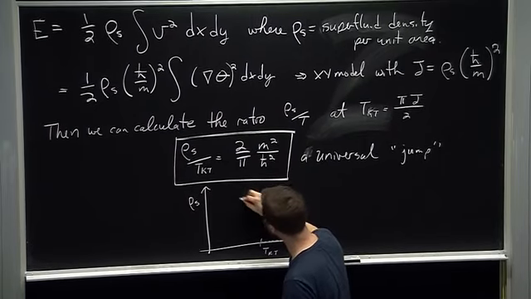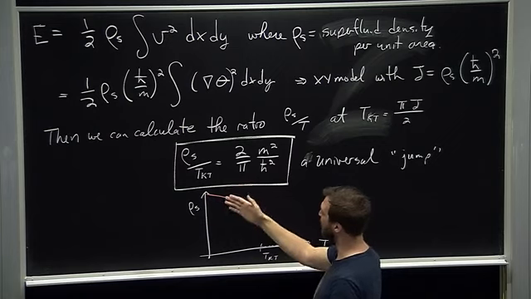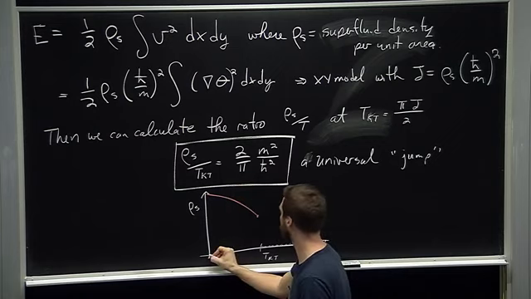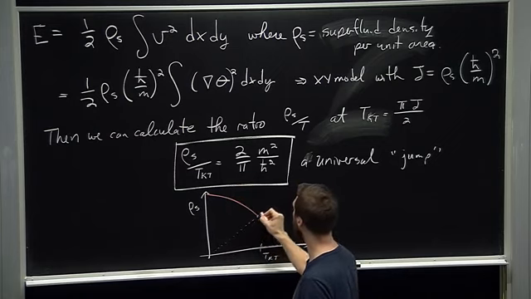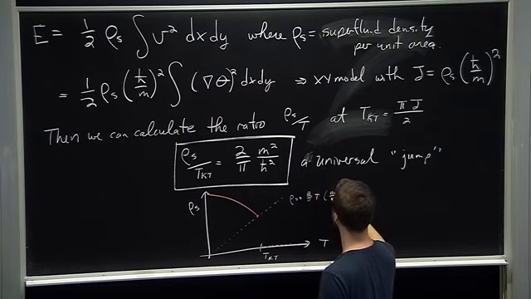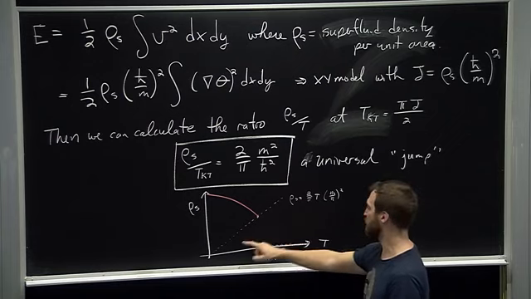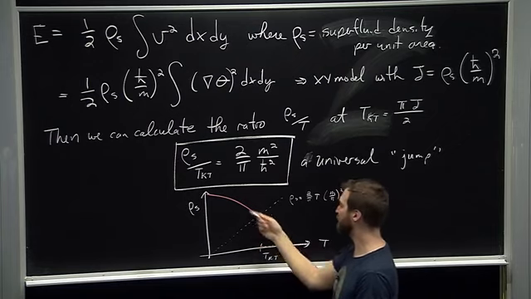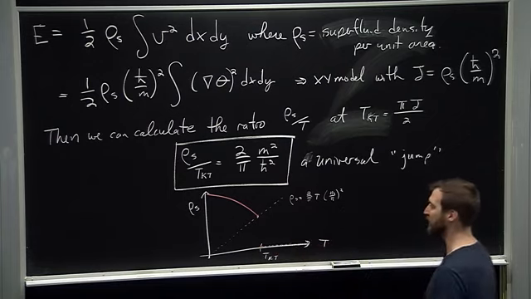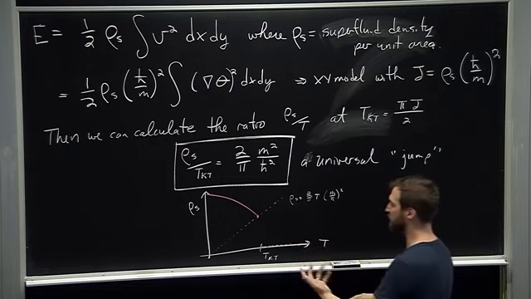There's a jump. And if you plotted the line, you know rho s is equal to 2 over pi T times that constant. Then that's the value. So the intersection of your superfluid density with that line is the value of the Kosterlitz-Thouless temperature.